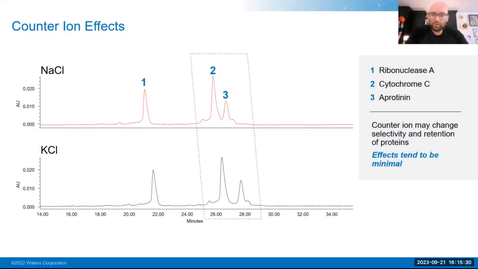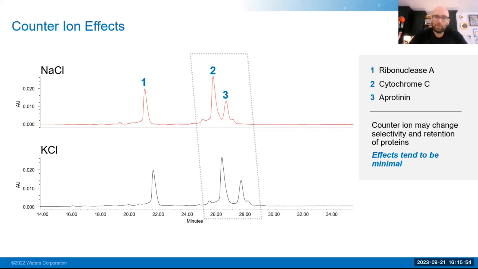And not only the actual buffers, but the counter ions that are leveraged within these buffers can alter the selectivity to a minimal extent. So you'll see the differences between sodium chloride and potassium chloride. As we move to potassium as opposed to sodium, you may start to see some differences in the ability to further separate and tighten up specific peaks.